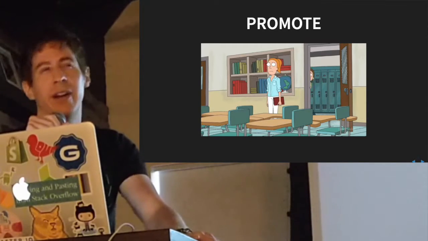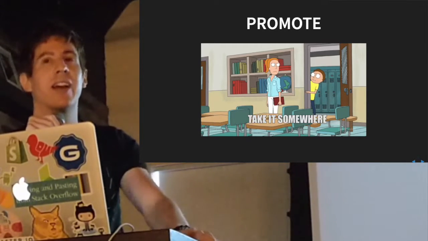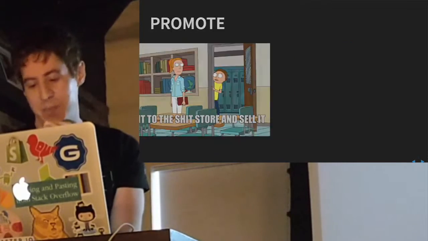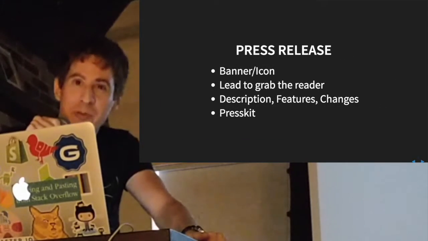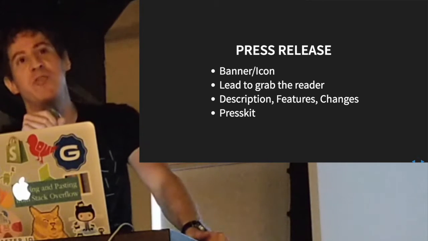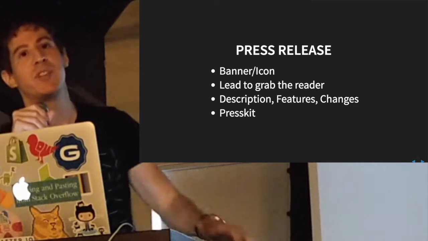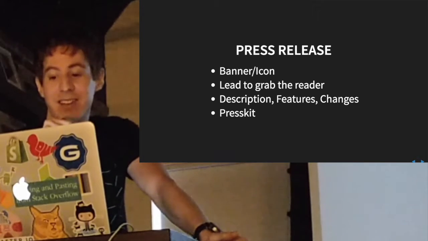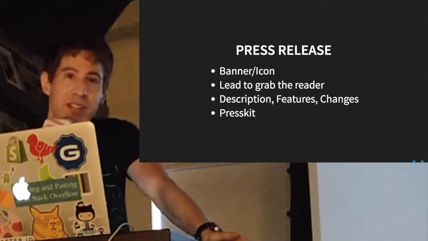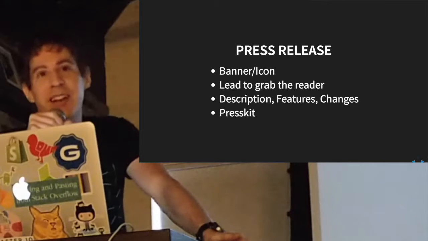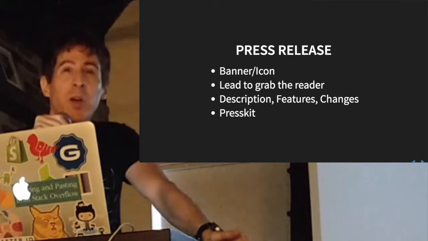If you have a banner and an icon, and even a decently worded description of your app, you can create a press release. And it sounds insane, but you create a two-page PDF with a banner, a graphic, your description, all your screenshots, a press kit, which is like a link to screenshots, I think. And then you send it out to these people, and they'll print you.